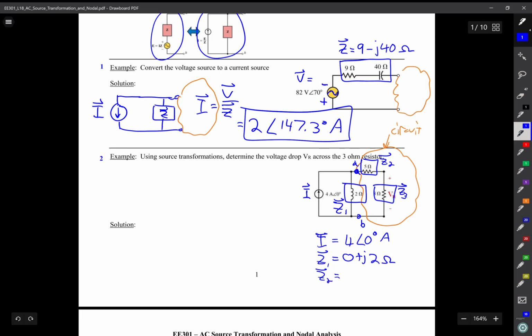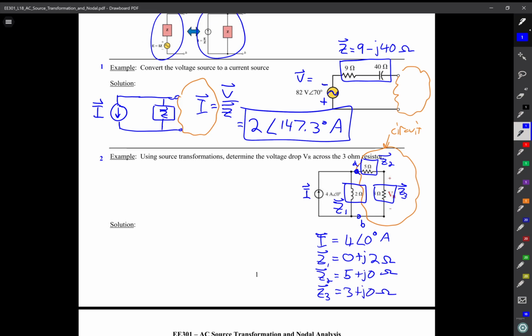Z2 is a 5 ohm resistor. That's purely resistive or real, so that's 5 plus j0 ohms. There's no imaginary part or no reactance. And Z3 is another real resistor. That's the 3 ohm resistor, so I'll call that 3 plus j0 ohms.